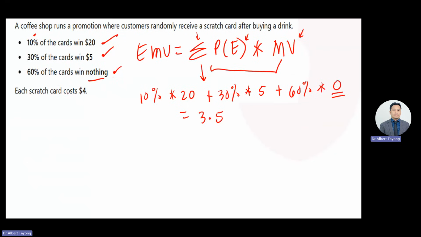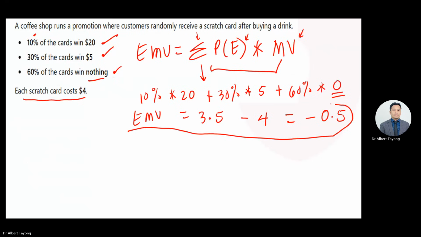So 3.5, but there is a cost, okay, per scratch card. So that is minus $4. Answer is negative 0.5. So that is our expected monetary value. Because this is the cost of the card, so we have to subtract here minus, as you can see.